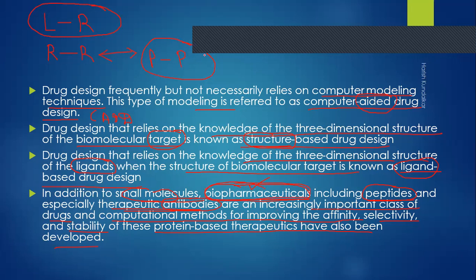So this is the upcoming field in computer-aided drug design. Ligand and receptor interactions is almost like a set field, it has been going on since old times. Now peptide or protein interactions are what are increasingly being modeled.